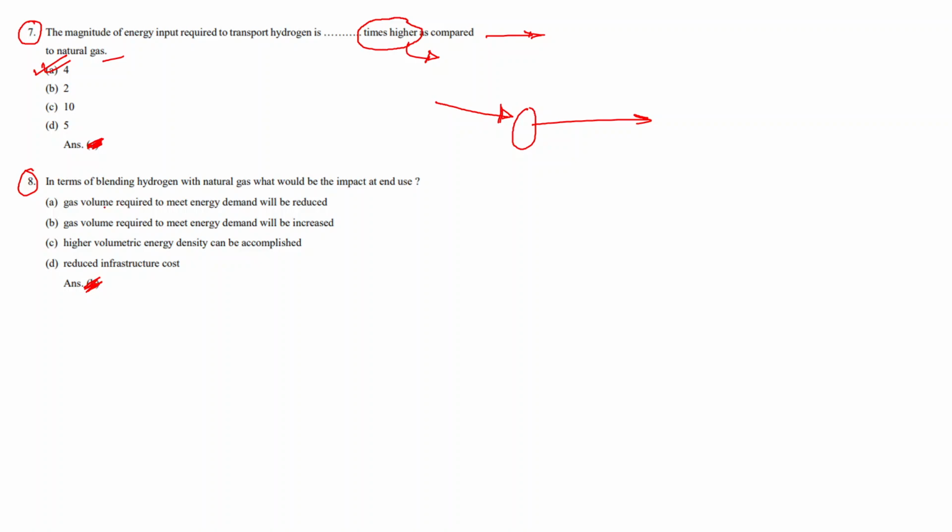What is the question asking here? The blending of hydrogen with natural gas. This is one easy way of carrying hydrogen through the gas pipeline. It is the blending of hydrogen gas with natural gas. Okay, this is the pipeline.